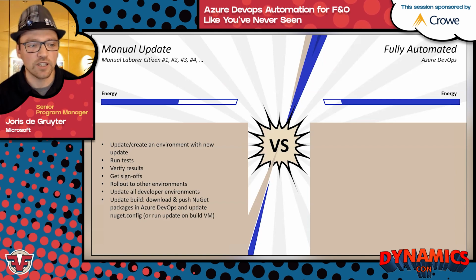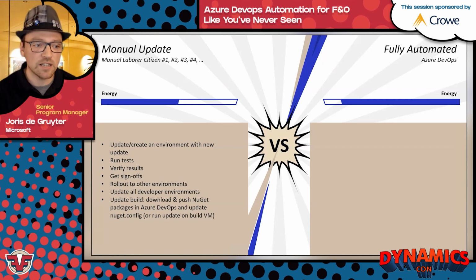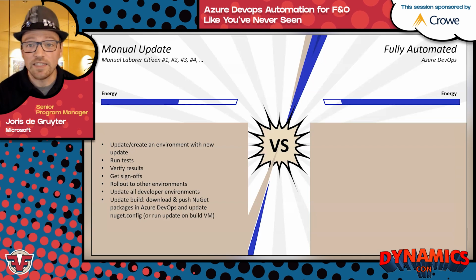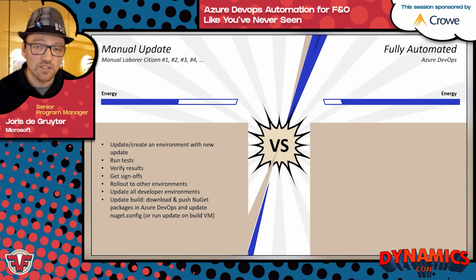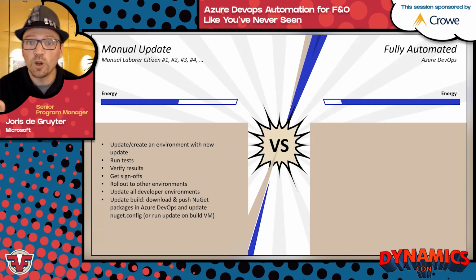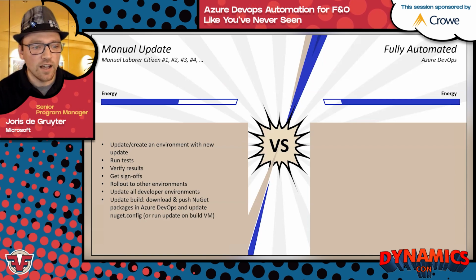If there's nothing funky going on, you'll likely be running some tests on there, either manual or automated. You verify those. You need to get sign-offs from specific people. And then you start rolling this out to other environments as well. You have a test environment, you have a UAT, you have development environments. All these things at some point need to get updated in a specific order that works for your company.